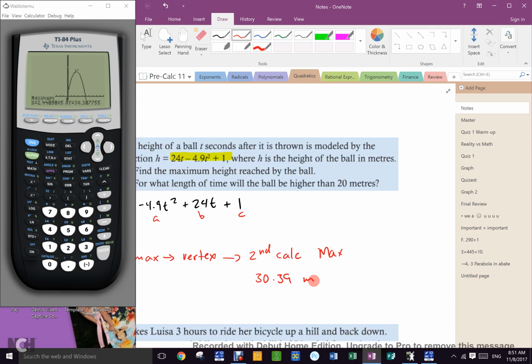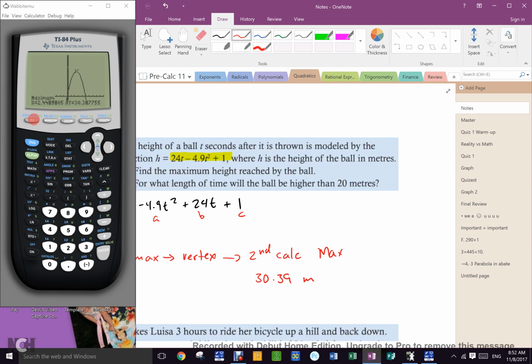Now, this is where it gets tricky. For what length of time will the ball be higher than 20 meters? Where is height measured? On the y-axis or the x-axis? On the y-axis, right?